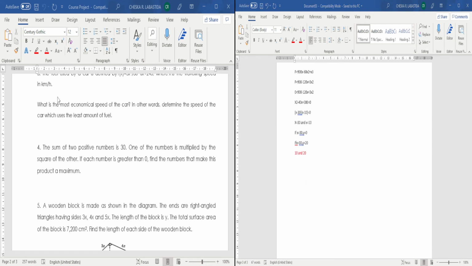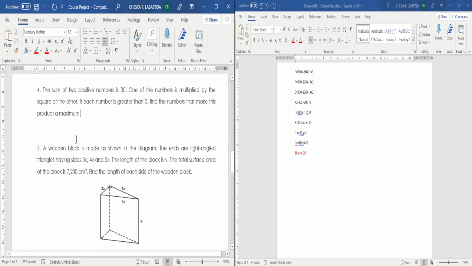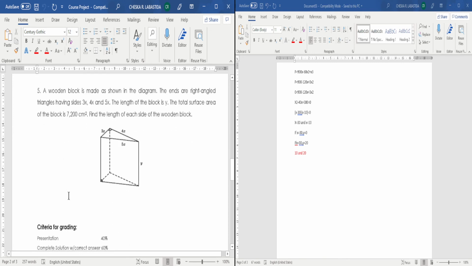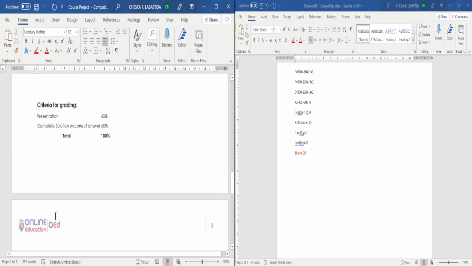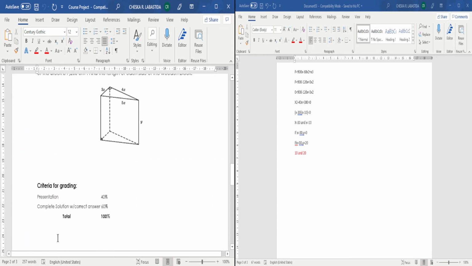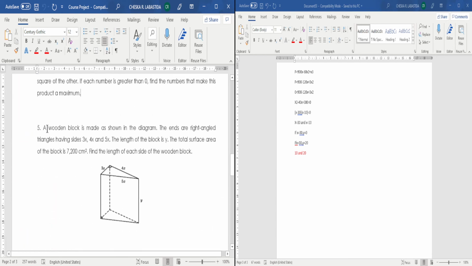So now we will go to the next one. A wooden block is made as shown in the diagram. The ends are right-angled triangles having sides 3x, 4x and 5x.